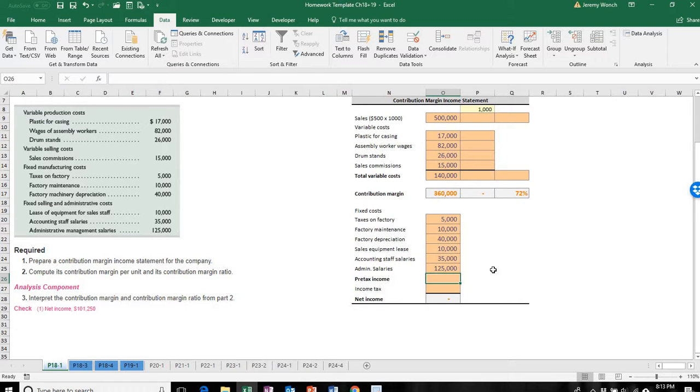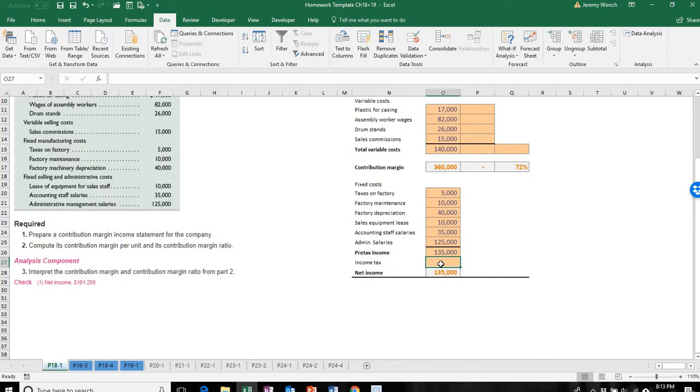That's going to give us our pre-tax income, which is our contribution margin minus all our fixed cost. That gets us to a pre-tax income of $135,000, and to get our tax, we just take 25% of that, which gets us down to a net income of $101,250.